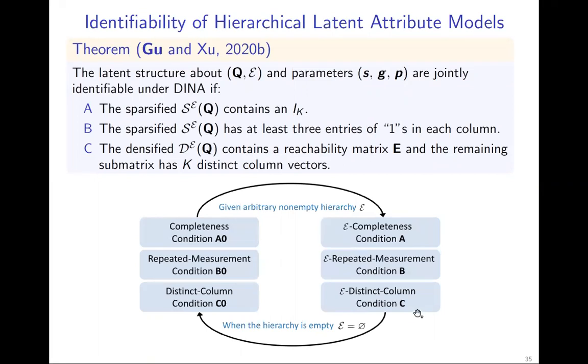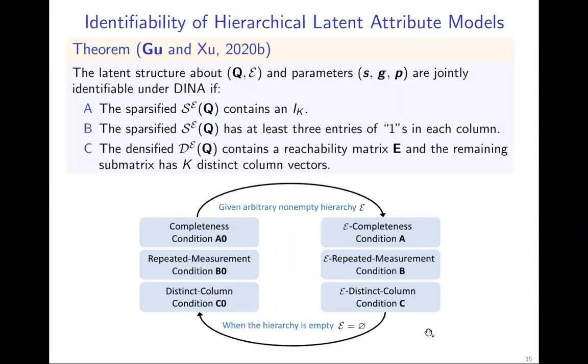And actually, when this attribute hierarchy graph epsilon is an empty graph, meaning that there are no prerequisite relationships among skills, then in this case, the current conditions A, B, C will reduce back to the previous conditions A0, B0, and C0.